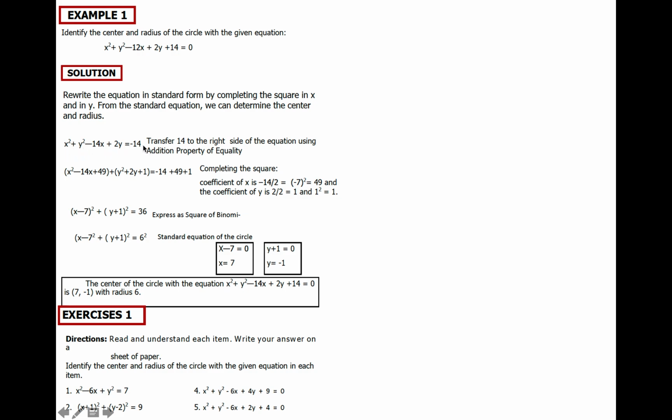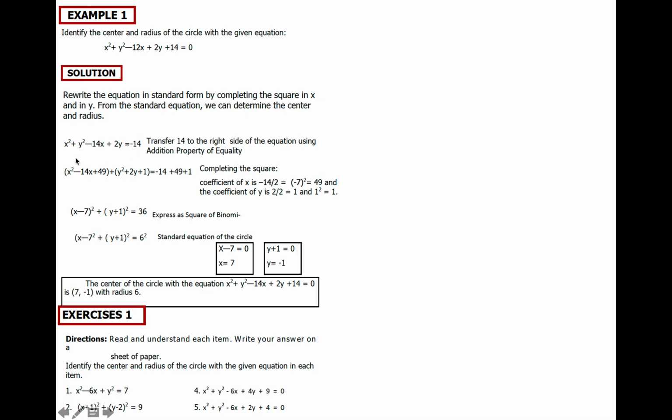Okay, why do we need to do this? We have to do this because we want this to be a form similar to the standard form. We will be regrouping the terms, meaning arrange the terms in such a way that all the terms having x are grouped and all the terms having y are grouped, and those without variables will be on the right side of the equal sign.